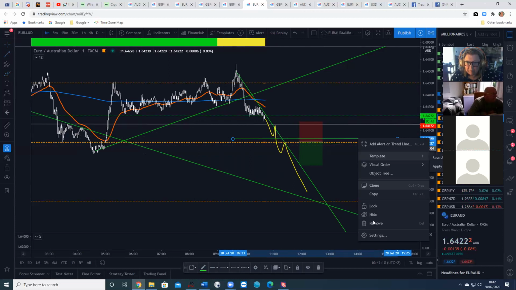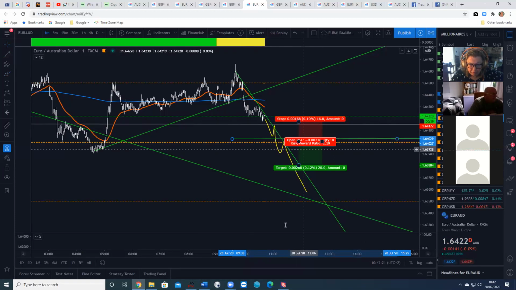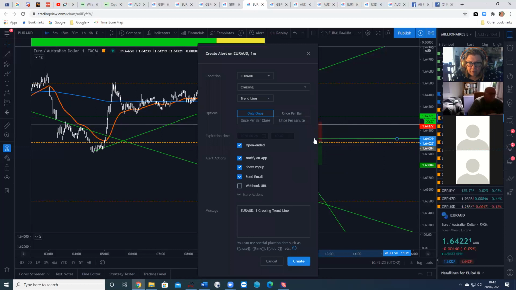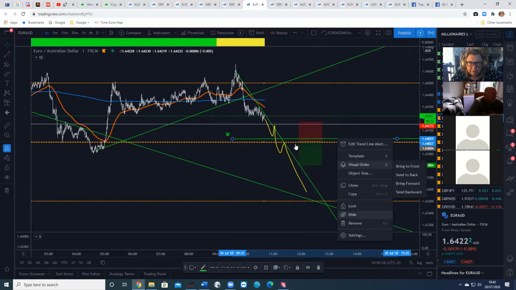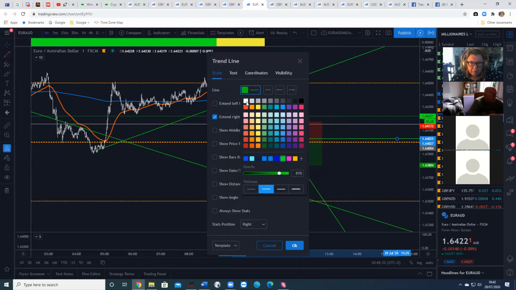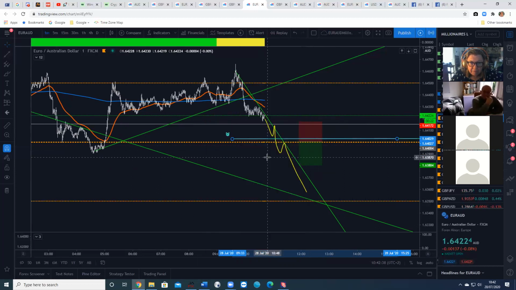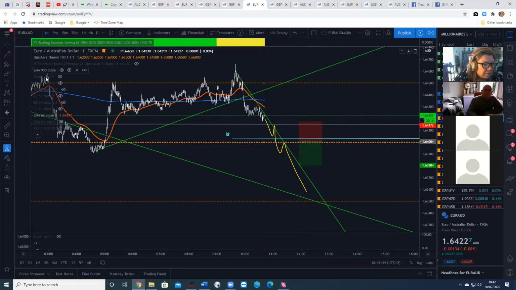So you wouldn't want to get involved in it in between the pitchfork and the quarter theory, because you could get stuck in it. That's why you don't want to get involved in it. It could just decide to range between the two and price not be able to break out. So that's EA. I'll just have a look at what the hull says.